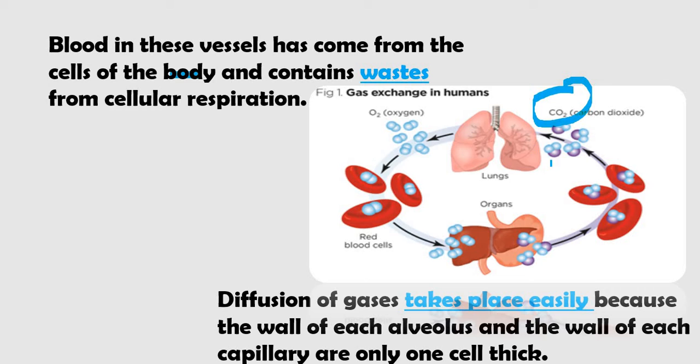Diffusion of gases takes place easily. Why? Because the walls of both the alveolus and each capillary are very thin. Remember that we said the capillaries are only one cell thick, and so are the alveoli.